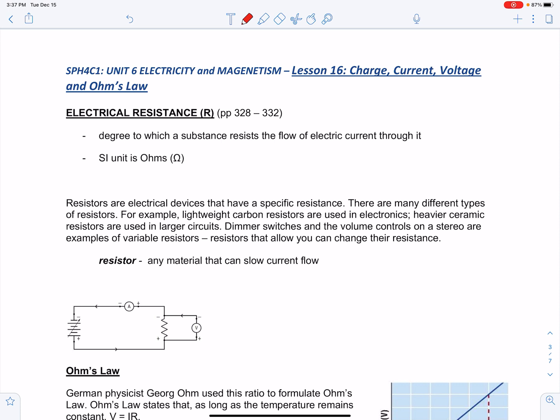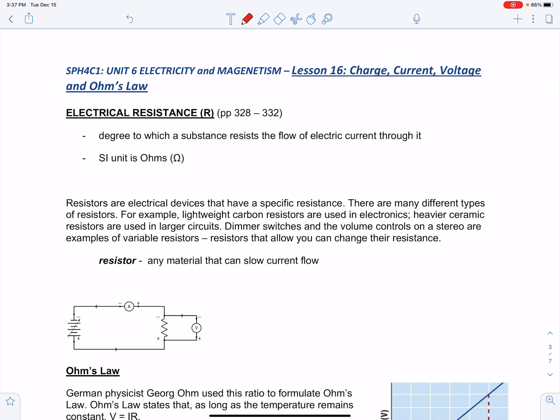Resistors are electrical devices that have specific resistance. There are many different types of resistors. For example, lightweight carbon resistors are used in electronics, and heavier ceramic resistors are used in larger circuits. Dimmer switches and the volume controls on a stereo are examples of variable resistors, resistors that allow you to change their resistance.